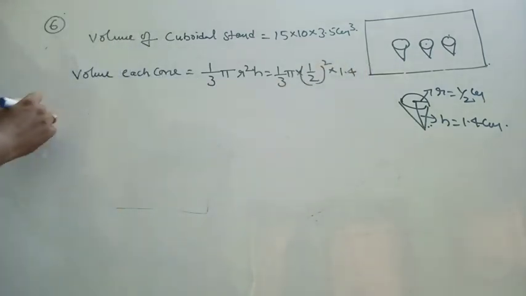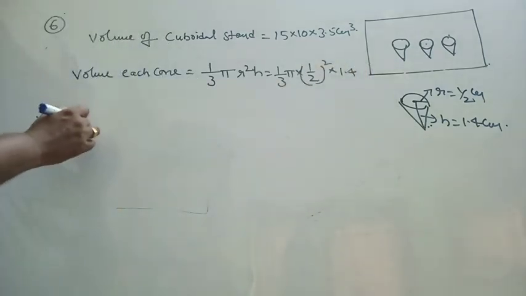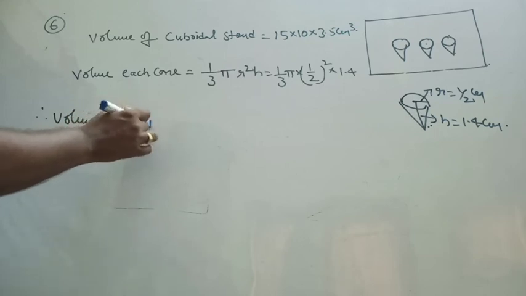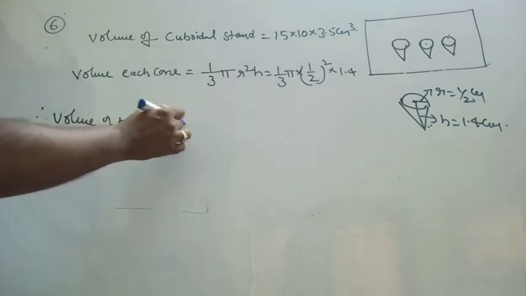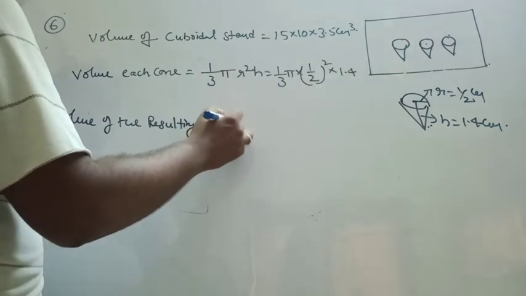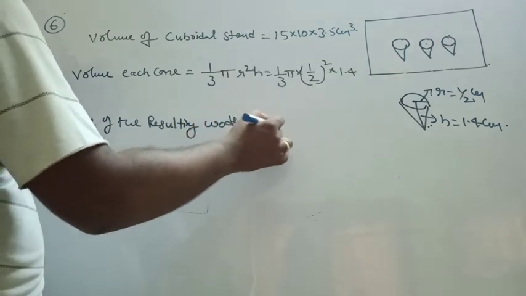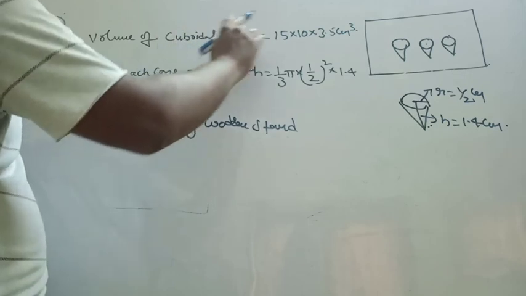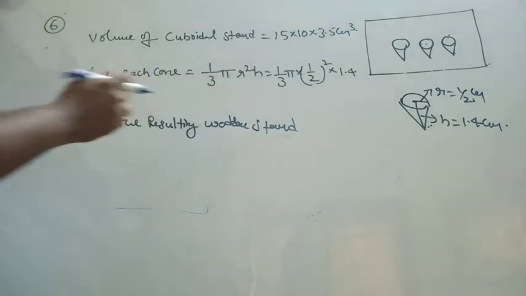Now, the volume of the resulting wooden stand is the volume of the cuboid minus the volume of these 3 cones.